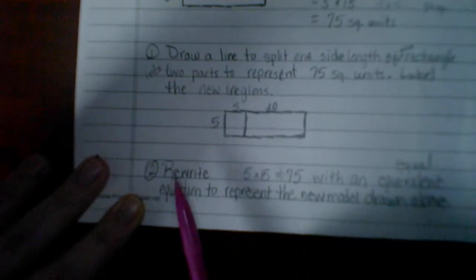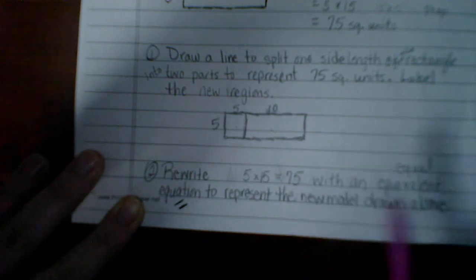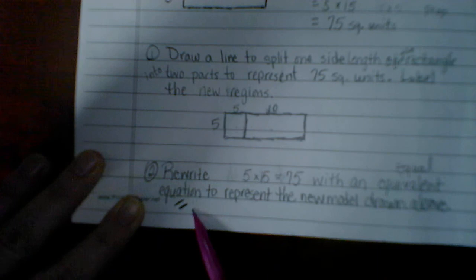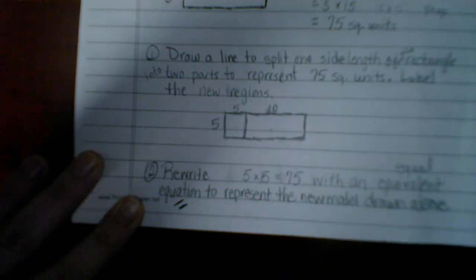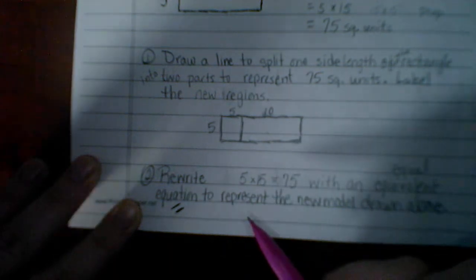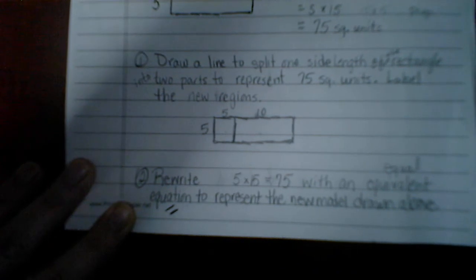We talked about that last week. So we're going to rewrite 5 times 15 equals 75 as an equivalent equation to represent our new picture. I'm going to give you just a minute and let you think about what I just said.